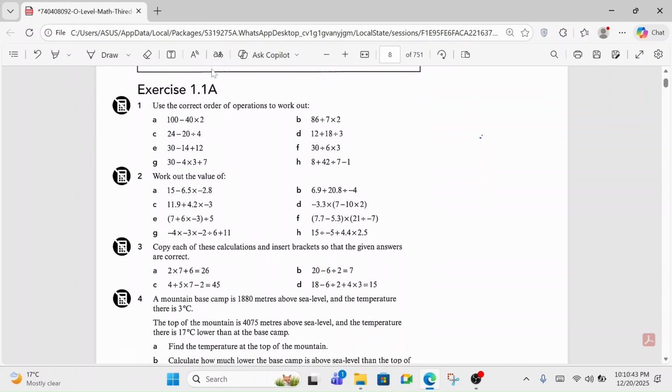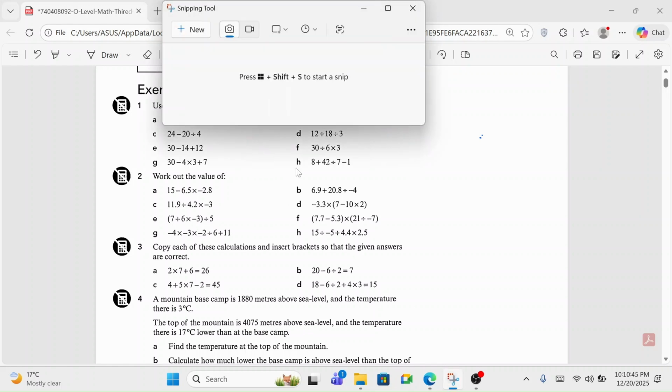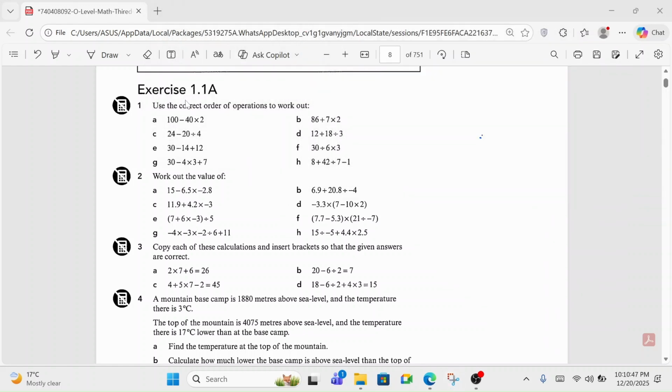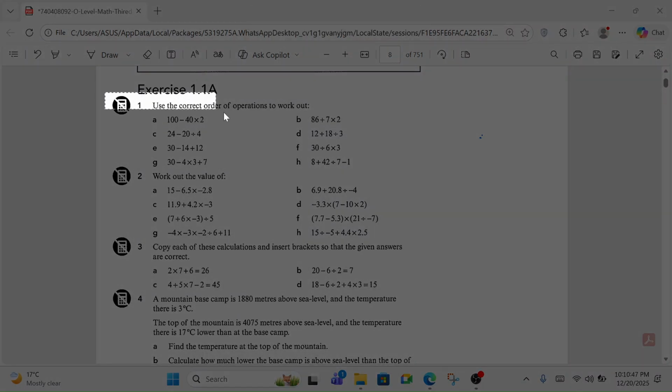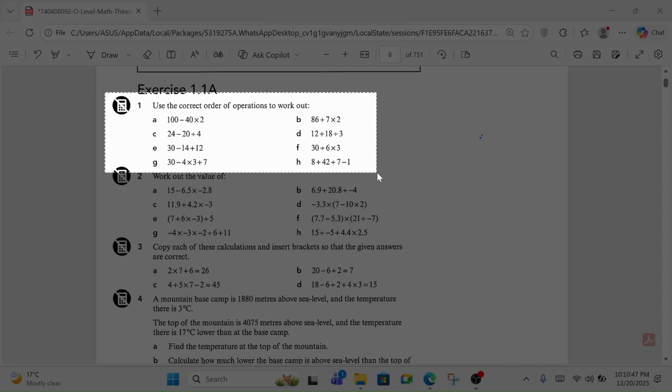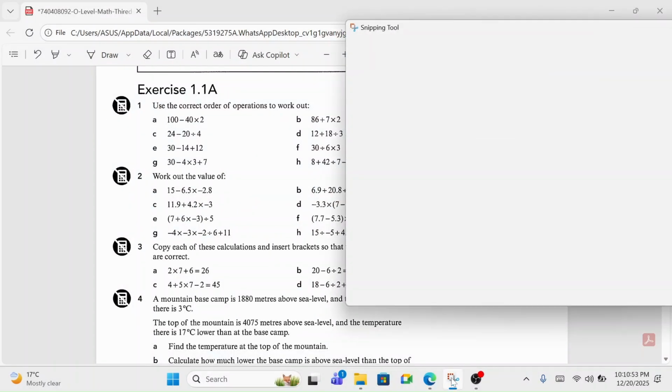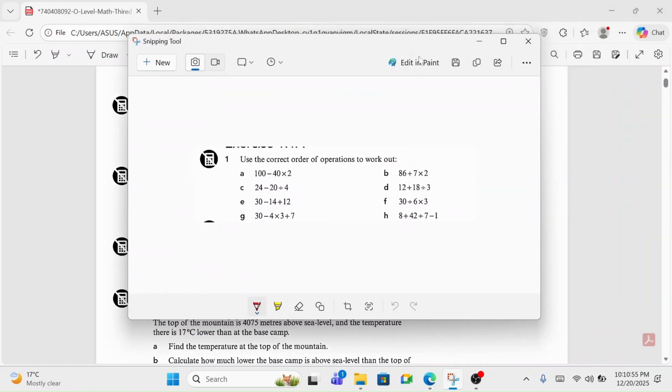Okay, now let's move to the main chapter. Let me copy this to my whiteboard. Now, where's my whiteboard?